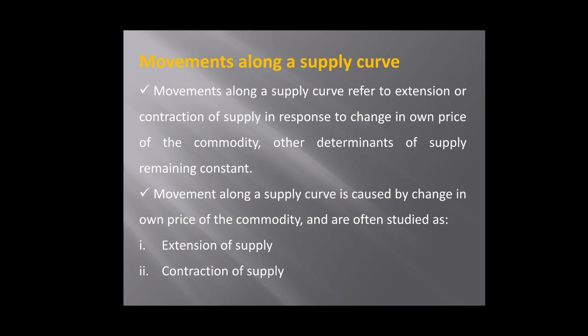On the other hand, decrease in quantity supplied of a commodity due to fall in its own price is called contraction of supply, and graphically contraction of supply is represented as a downward movement along the same supply curve.